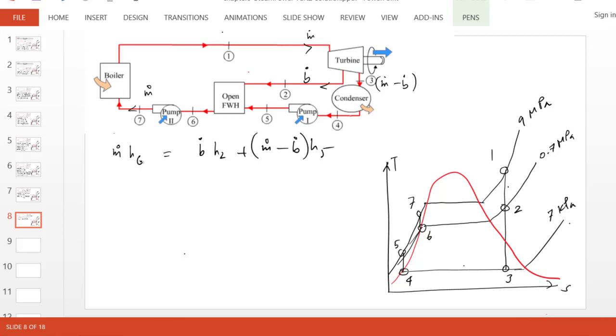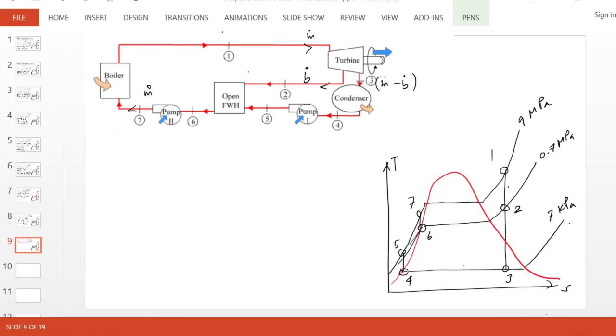If you manipulate this equation, you will get b dot over m dot, basically the fraction that is bled, as (H6 minus H5) divided by (H2 minus H5), which is 0.209.